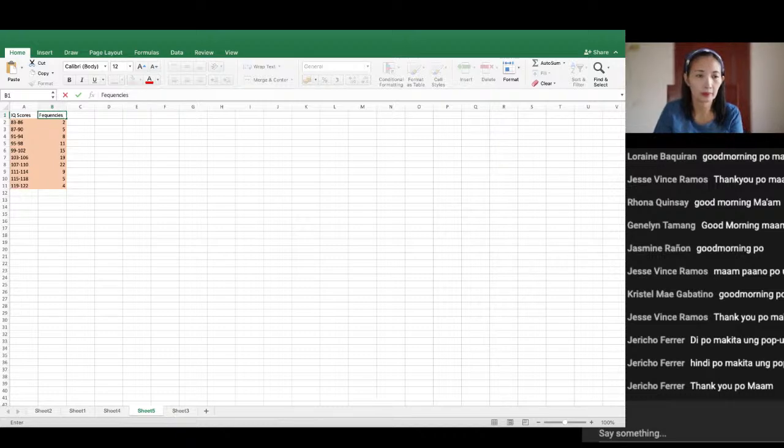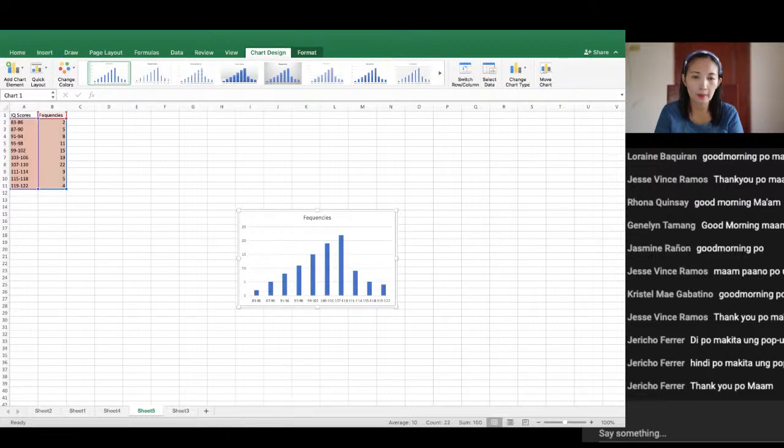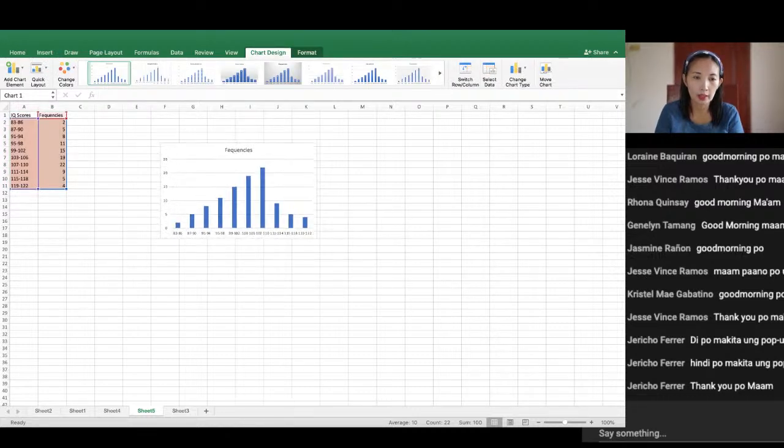So we simply have to highlight, and go to insert, and go to recommended charts, and choose the clustered column. And this will be displayed in your worksheet.